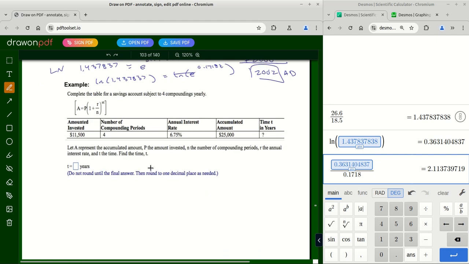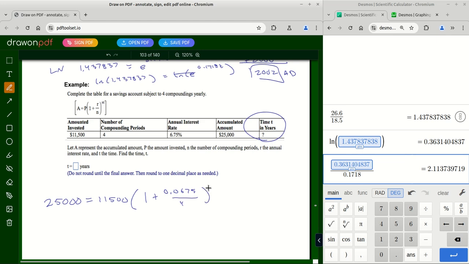Okay. Last one. I'm going to plug all these numbers into my formula and just get an answer, kind of. Well, actually not. I have to solve for t. So let's plug it all in as best we can. So 25,000 is equal to the 11,500 times 1 plus my rate, which is 0.0675. Notice my decimal form.